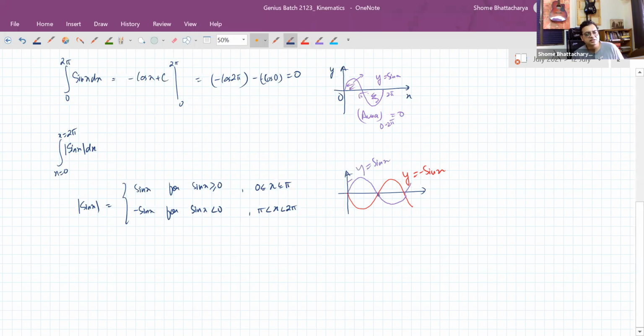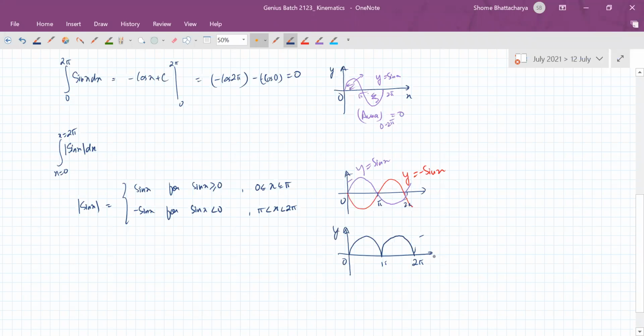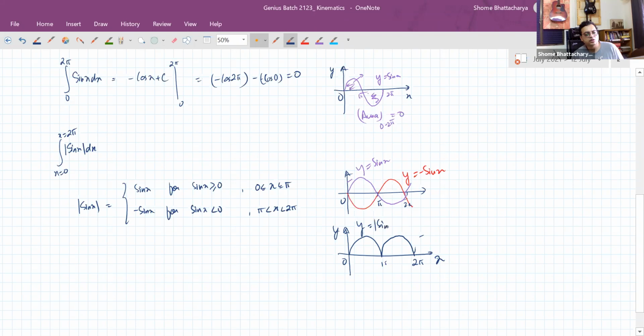The mod sin x graph is such that we have to select out of this: the sin x graph between 0 and pi, but then the minus sin x graph between pi and 2 pi. So the mod sin x graph will look like this, and that thing continues. So this is now my graph of y is equal to mod sin x.